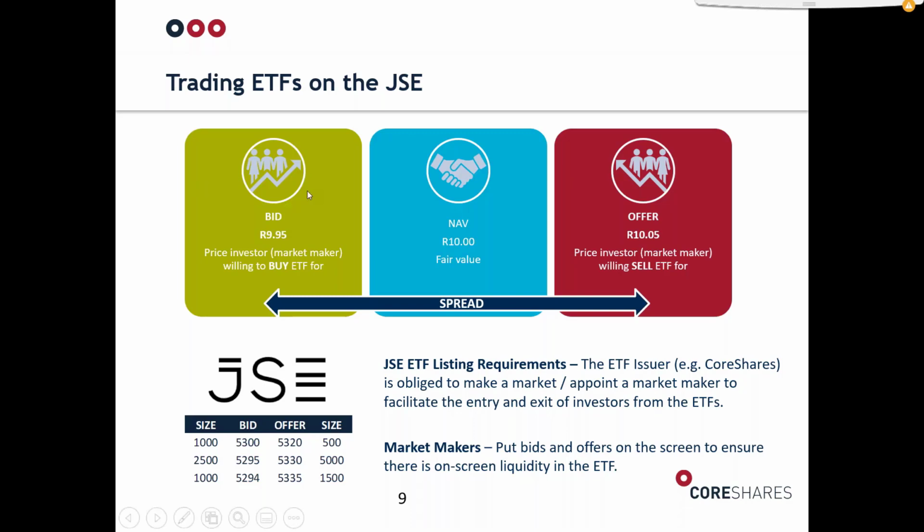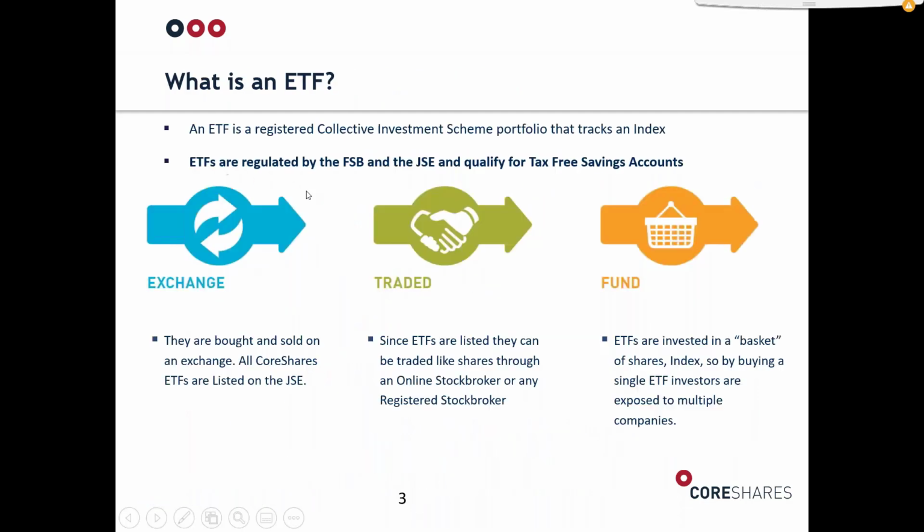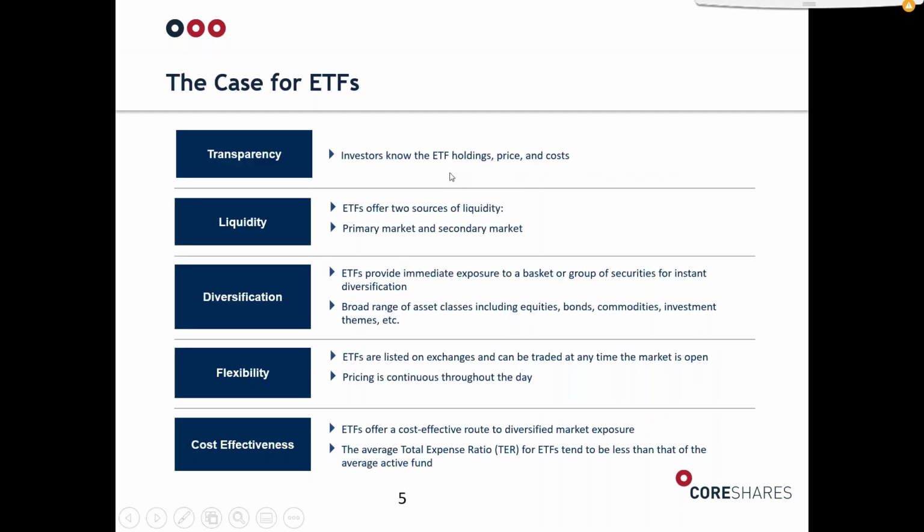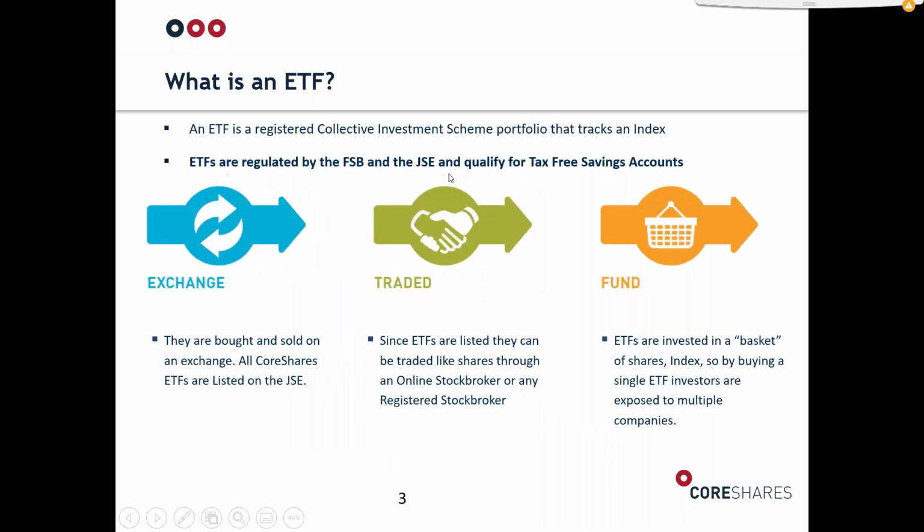So earlier on in the presentation, here it is, there's a little line that says qualify for tax-free savings accounts. The qualification criteria is because it's both an ETF and a collective investment scheme.